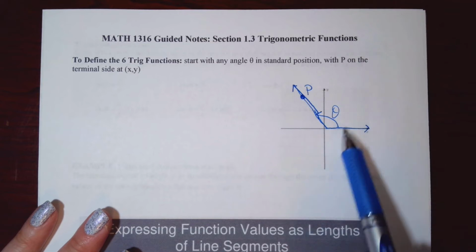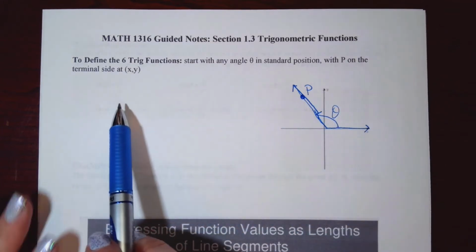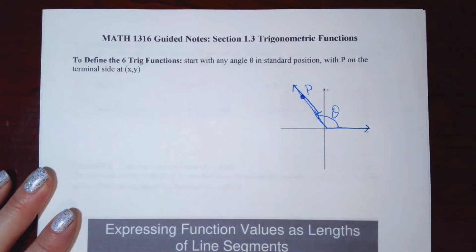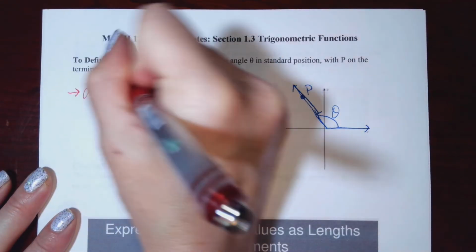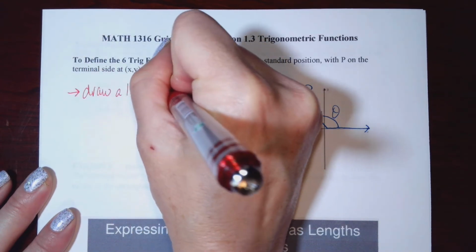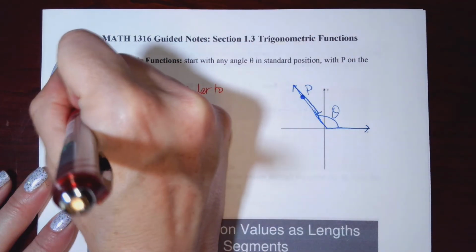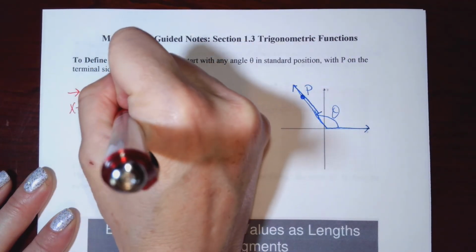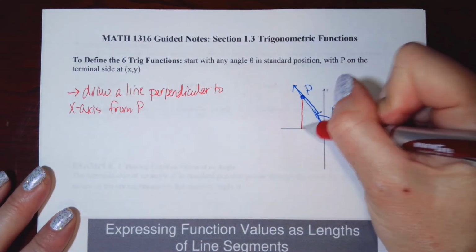Now, to figure out how to measure this angle, I am going to drop a perpendicular. Let me change colors here. I'm going to draw a line perpendicular to the x-axis from point P. So I'm going to drop a perpendicular line down to the x-axis.